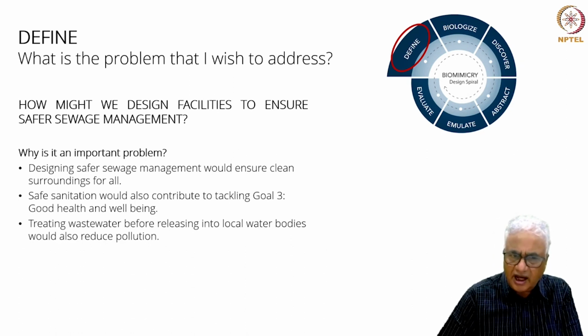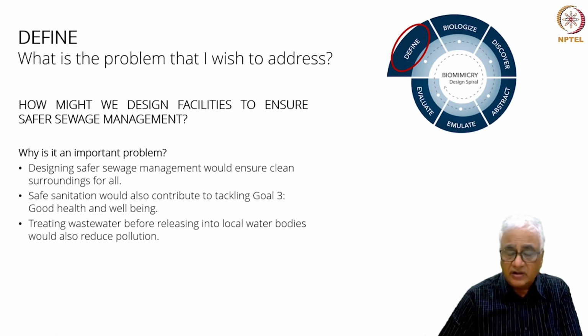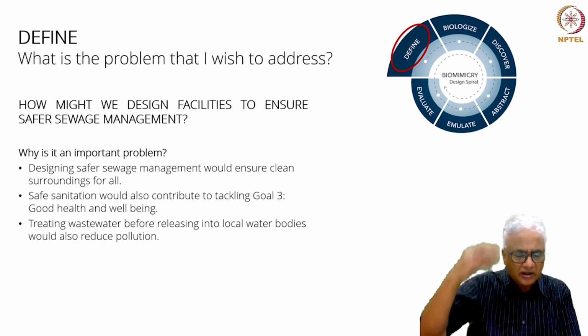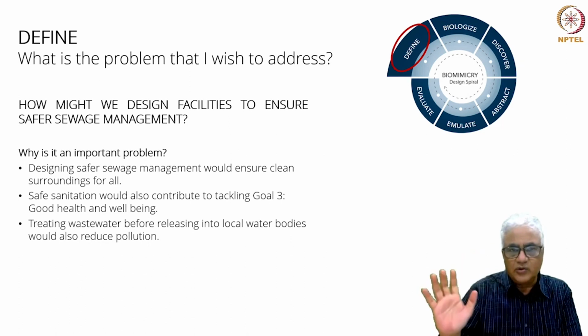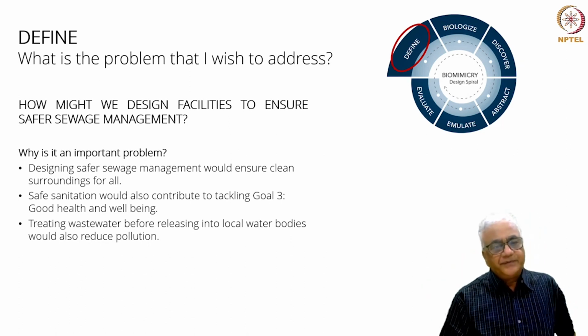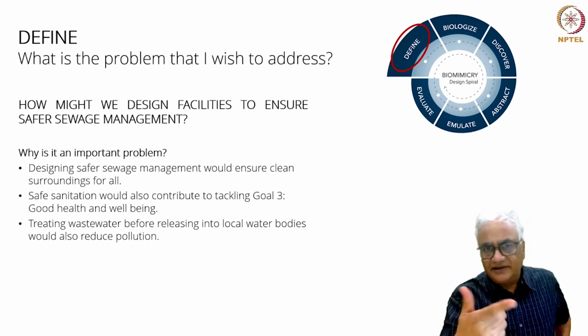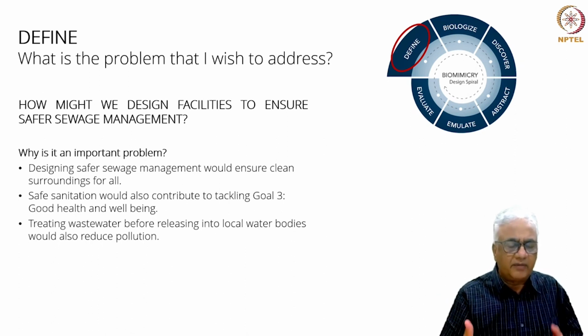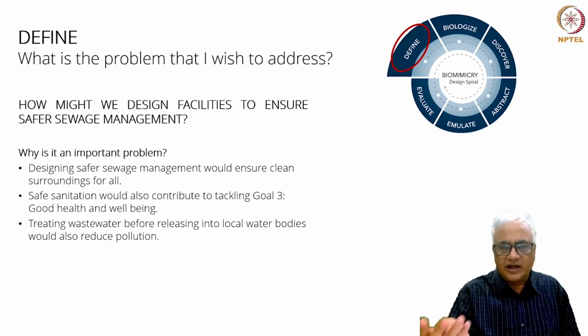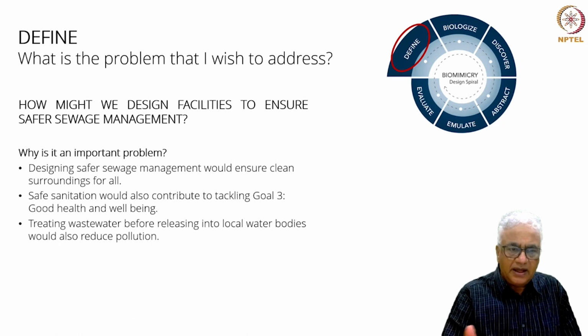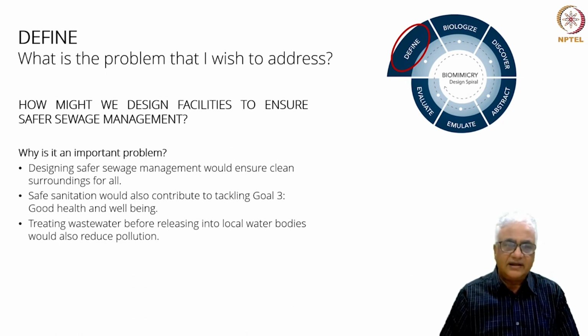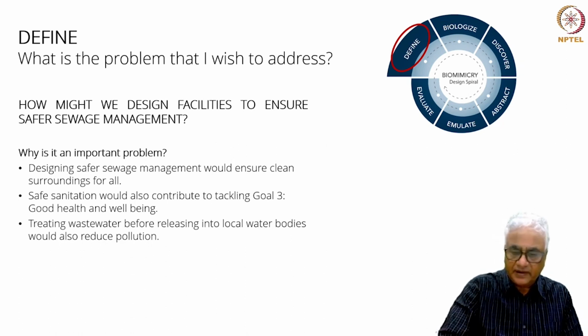So her objective is safer sewage management. So why is it an important problem? I don't think anyone needs to argue saying it's not an important problem, and she's got enough reasons to say that it's an important problem.